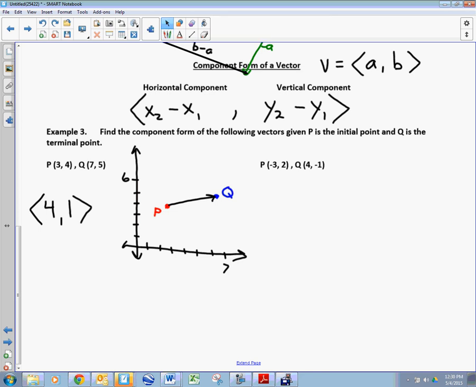Mathematically, what actually happened was we took this and we put its initial point at 0, 0. So you can see it's over 4 and it's up 1. Always start with the second x value. So that's what happened. Okay, does that make sense?